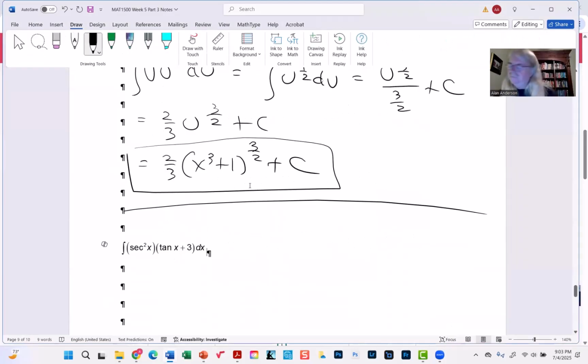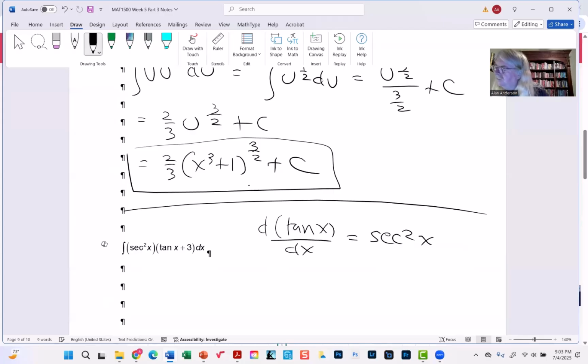The derivative of tangent x is secant squared of x. All right, so that tells us to let g of x be tangent x plus 3.